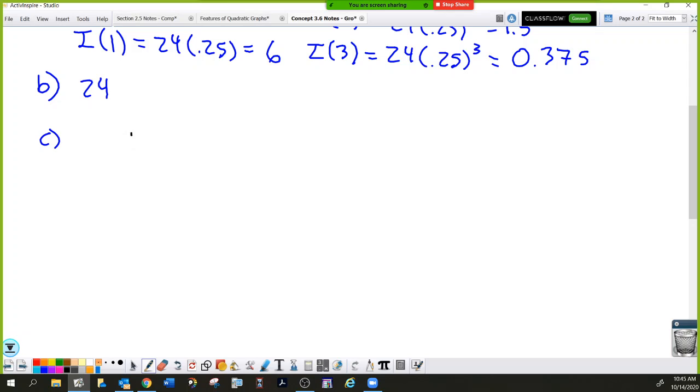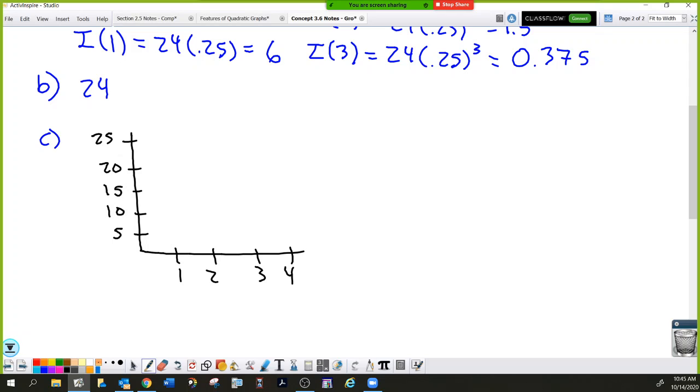I use time equals 1, 2, 3, 4, and I went by 5s on my y scale: 5, 10, 15, 20, 25. It's just a sketch.